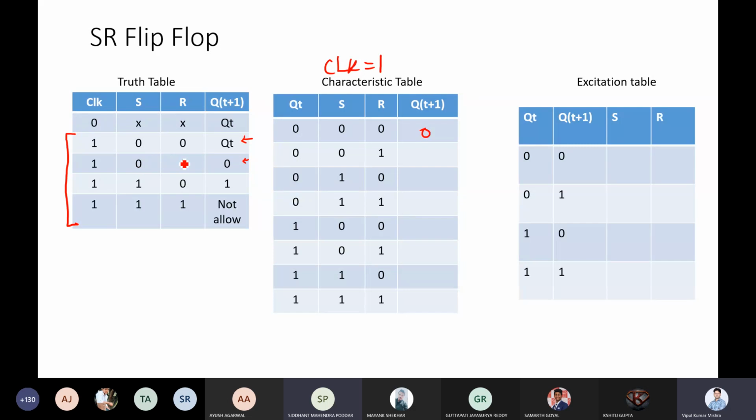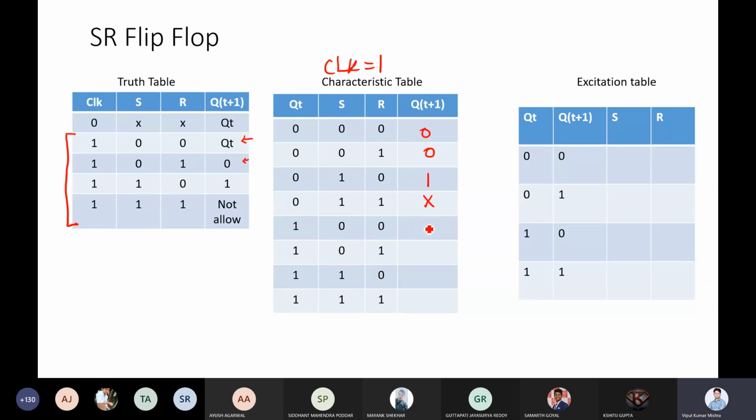When S is 0, R is 1, whether Qt is 0 or 1, ultimately it will settle down to 0. Now when S is 1, R is 0, then what will be the Qt plus 1? 1. Now in the case of 1, 1, we know it's a not allowed state, so we are putting X here.